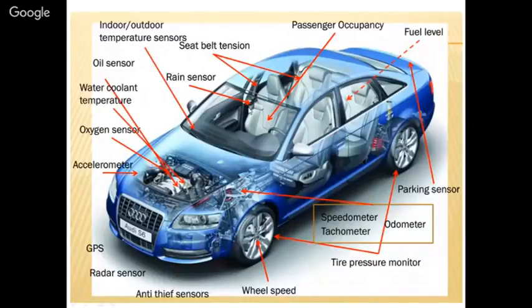Rain sensors are there. So in case the rain falls, the wipers are started automatically. Then indoor outdoor temperature sensors, oil level, water coolant temperature sensors, oxygen sensor, accelerometer, and so many others which have not been shown here.